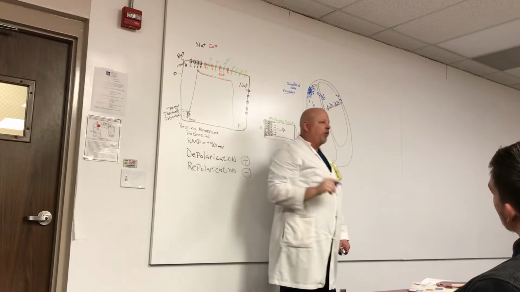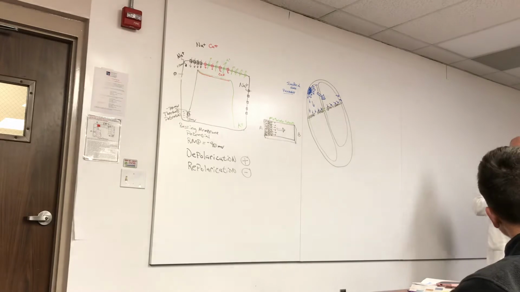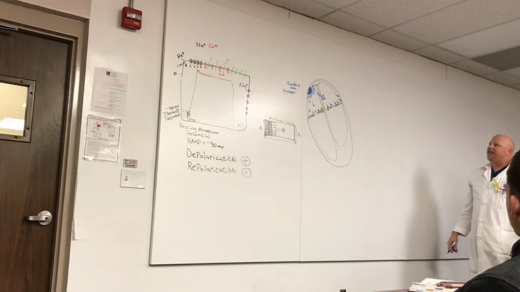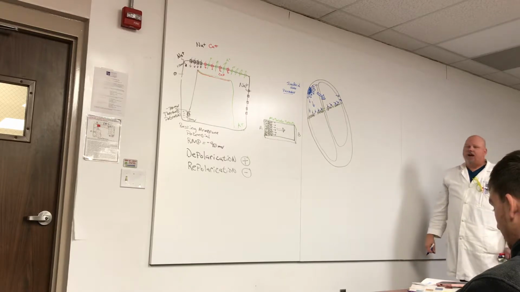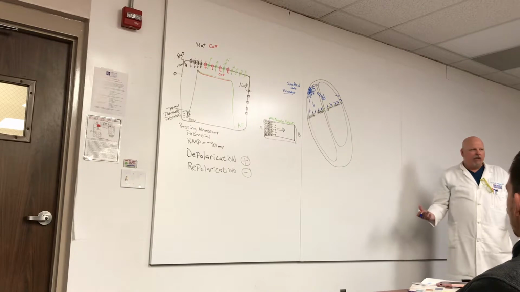Depolarization, down and to the left. Okay, the positives and negatives are going to become important, and you'll see why. All right, so depolarization, down and to the left. Everyone agree with that, adding the vectors together? Yes? Okay.